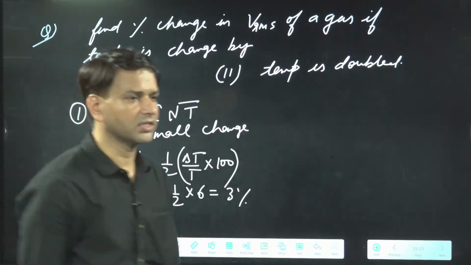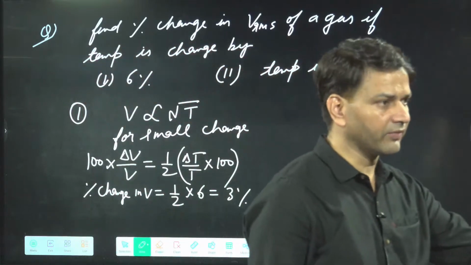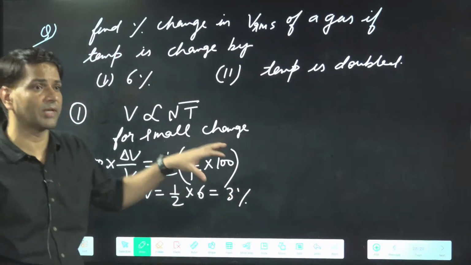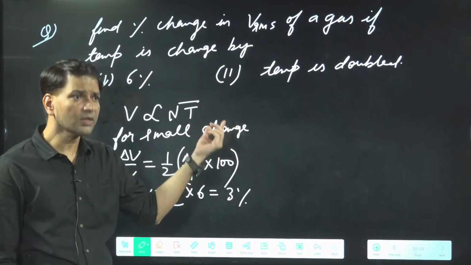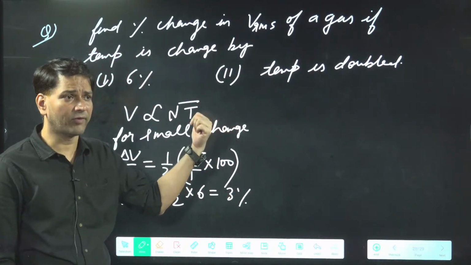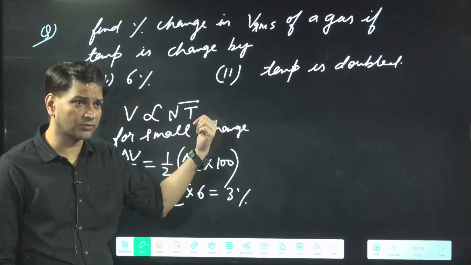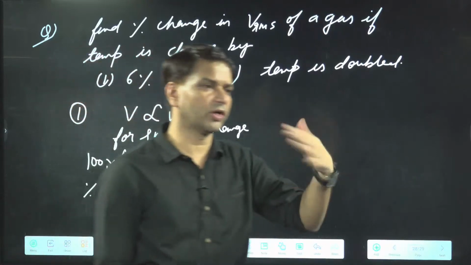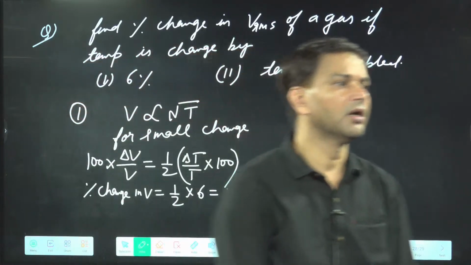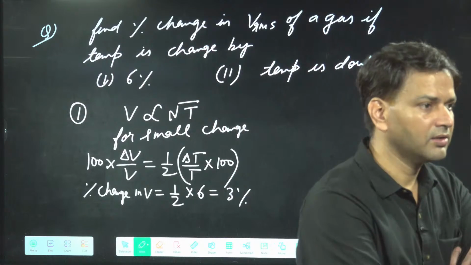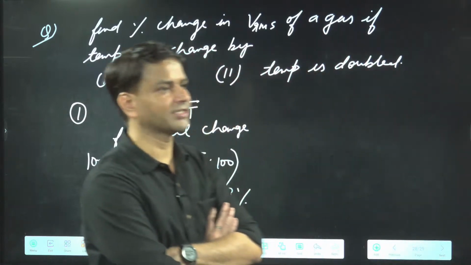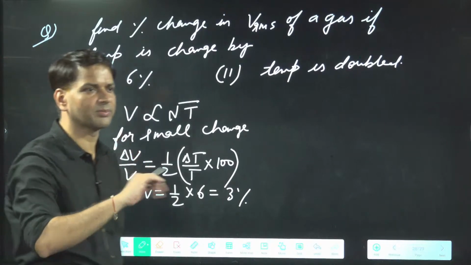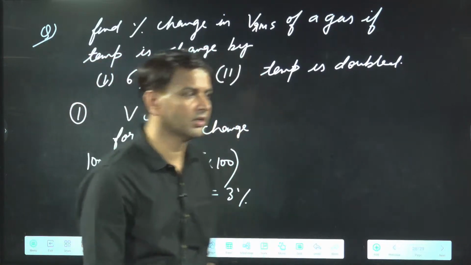So the first answer is that when they give a small change like 5%, 2%, less than 10%, you can directly multiply by the power of the quantity. Like here, how does V depend on T? The power is 1 by 2. So you multiply by the power: 6 into 1 by 2, you get 3%. For a small change like 4%, the answer is 2%. For 8%, the answer is approximately 4%. Okay.